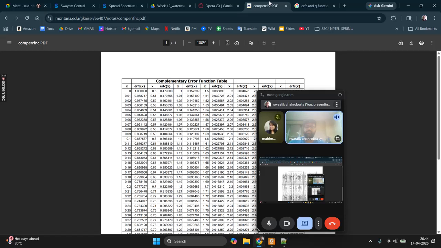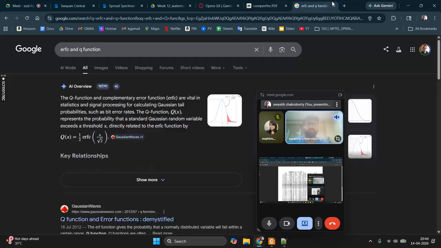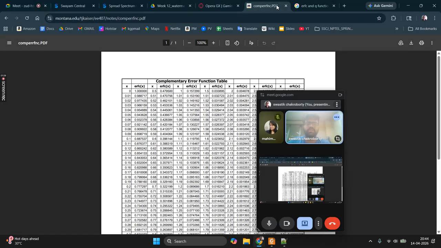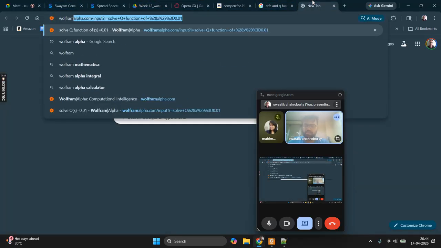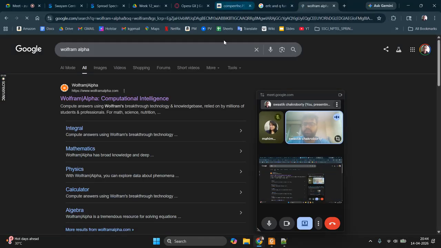Usually ERFC is what is given. So if this is 0.01, what you have to do is go to Wolfram. You can use a calculator also.